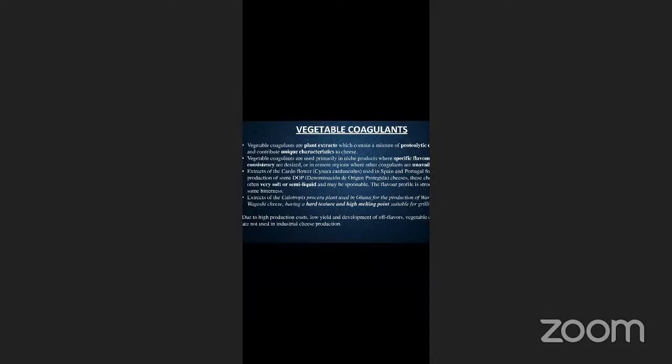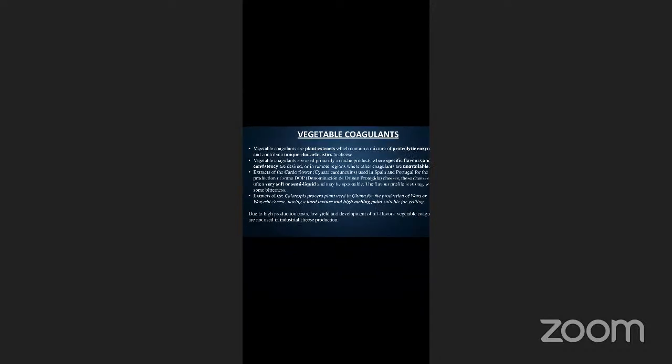Vegetable coagulants are nothing but plant extracts which contain proteolytic enzymes. Coagulant means a clumping of proteins. Whenever the protein breaks down, it forms a clump, and that forms a coagulant. The best example is milk. Milk contains the protein casein.